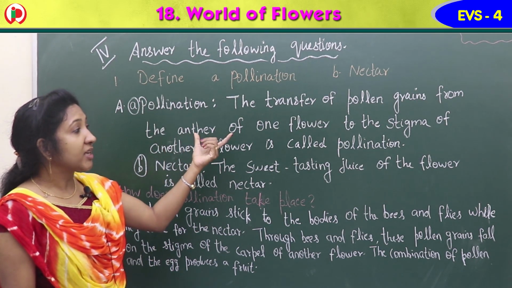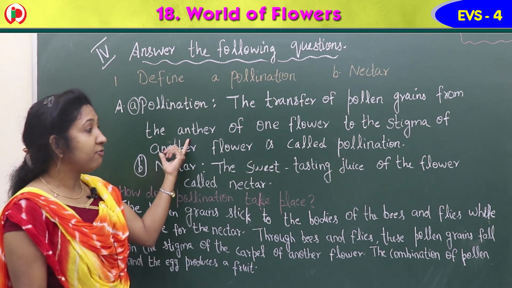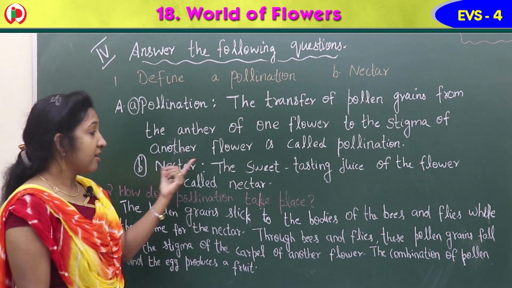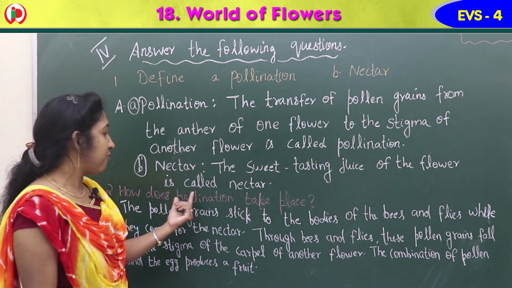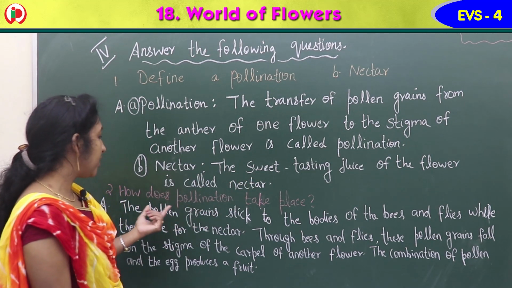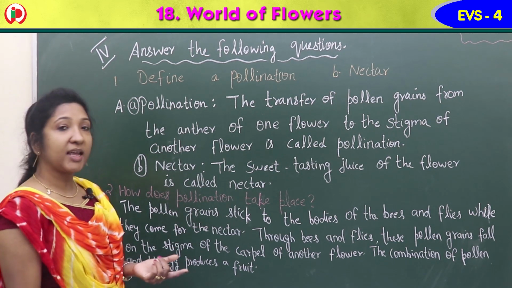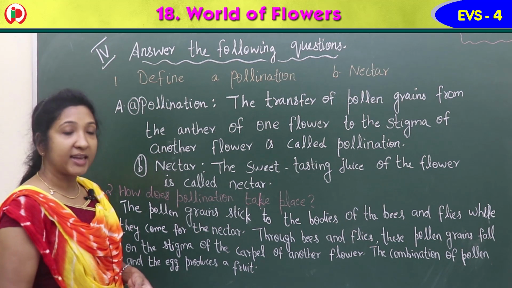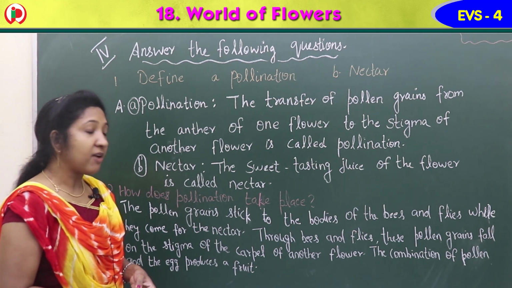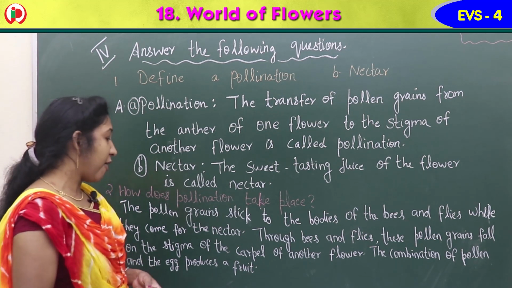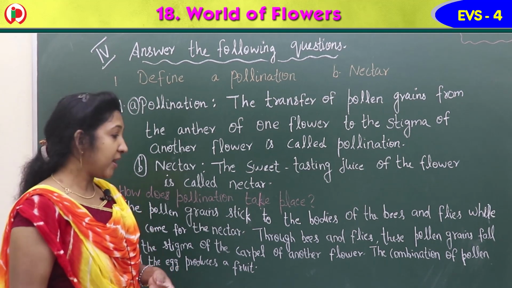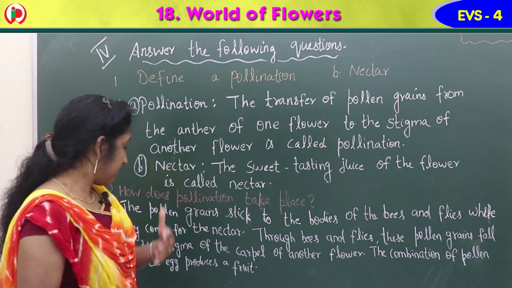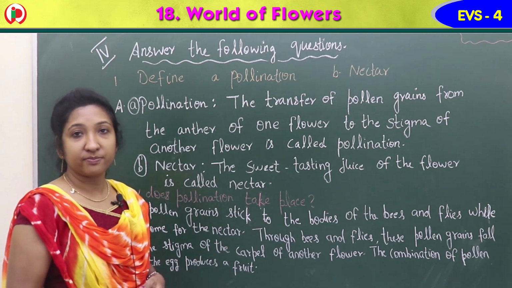The transfer of pollen grains from the anther of one flower to the stigma of another flower is called pollination. Nectar is the sweet tasting juice of the flower. How does pollination take place? The pollen grains stick to the bodies of the bees and flies while they come for the nectar. Through bees and flies, these pollen grains fall on the stigma of the carpel of another flower. The combination of pollen and the egg produces a fruit.